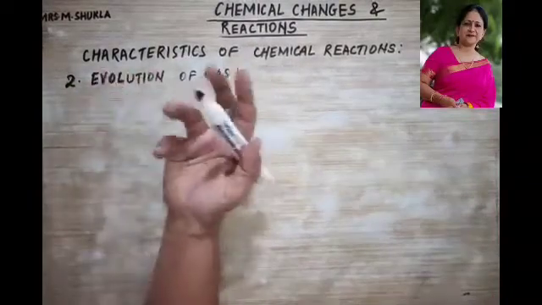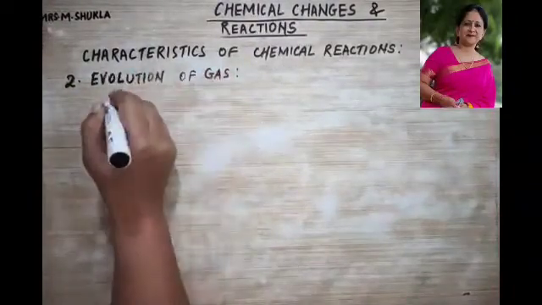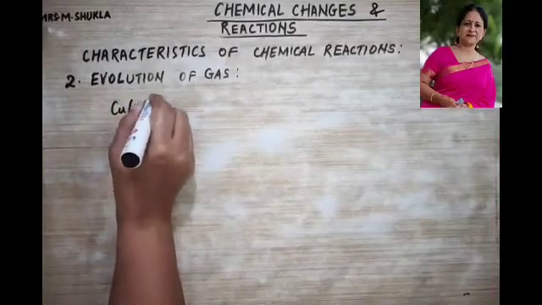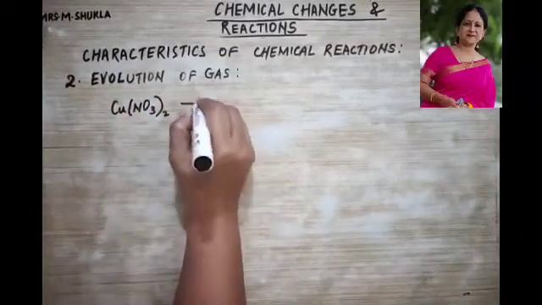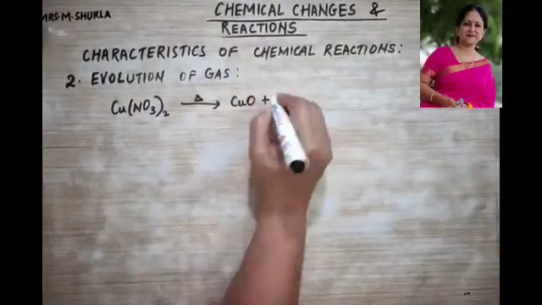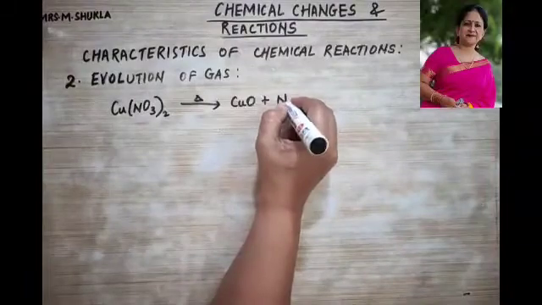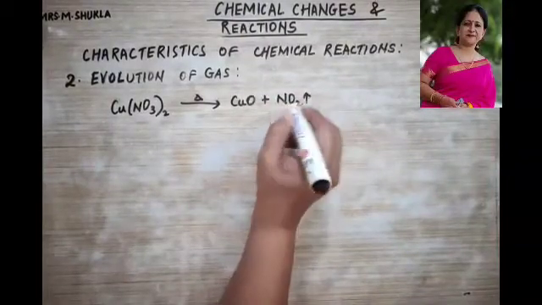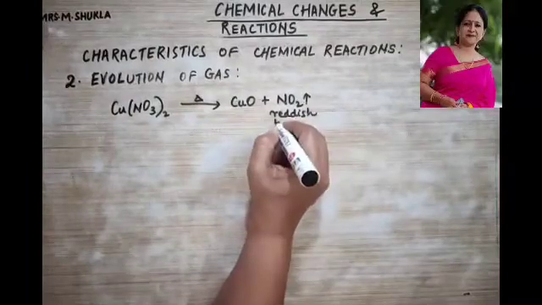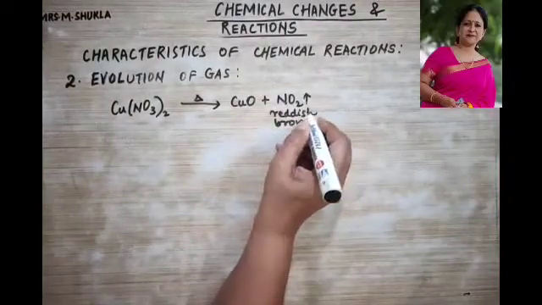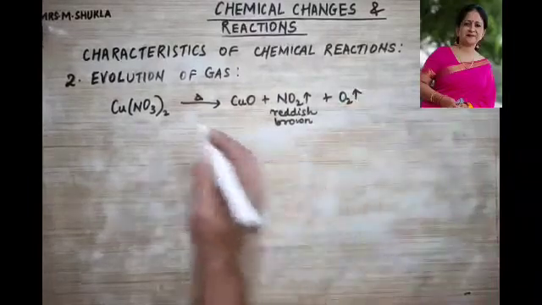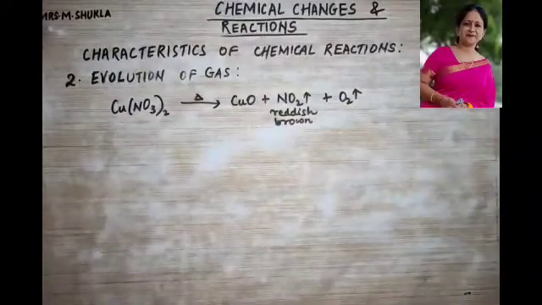So let's take a few examples. Just now I gave you one example, copper nitrate. Do you remember? On heating, what does it give? Copper oxide plus evolution of gas, NO2, reddish brown fumes, and oxygen gas is given out. Evolution of gas is given.